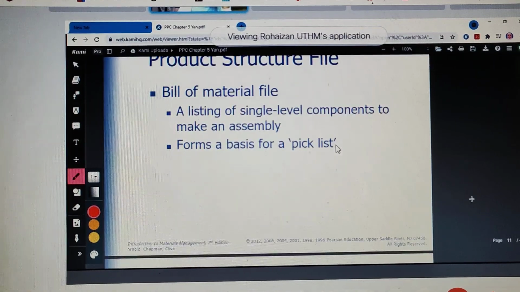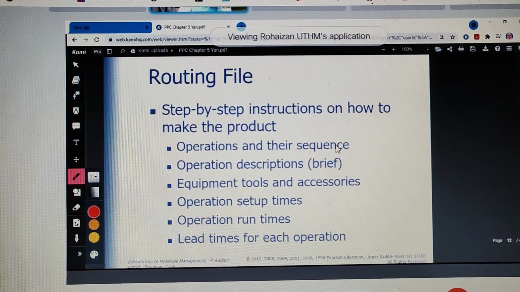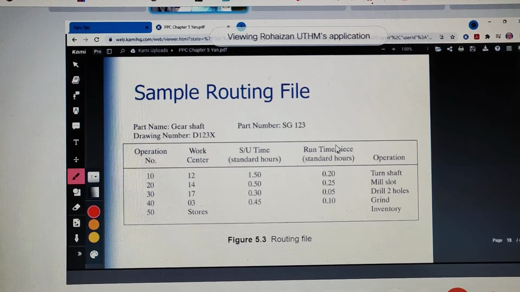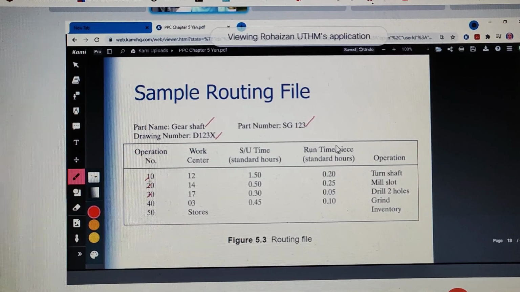Then the routing file. This is the routing file, the example of a routing file in our textbook. Here we have the name, the part number, the drawing number, and we have the operation number. So in order to make this part, the gear shaft, we need to go through these operation processes. Operation number 10, operation 20, operation 30, operation 40, and the last one, operation 50.